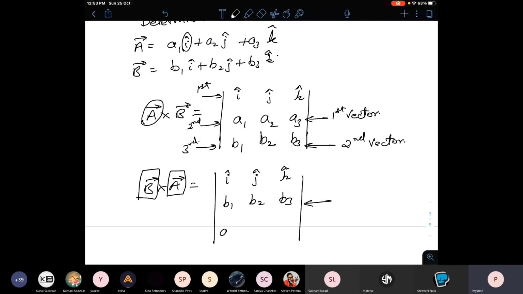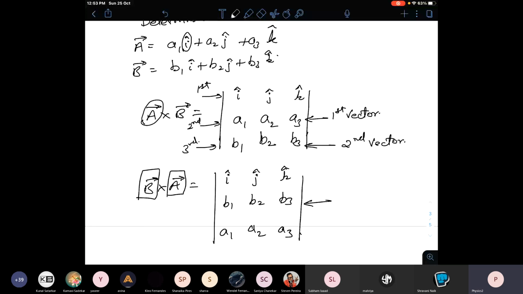So the last row will be A1, A2, and A3. This is how you represent the determinant of A cross B or B cross A, whichever you need. First vector in the second row, second vector in the third row. That's it.